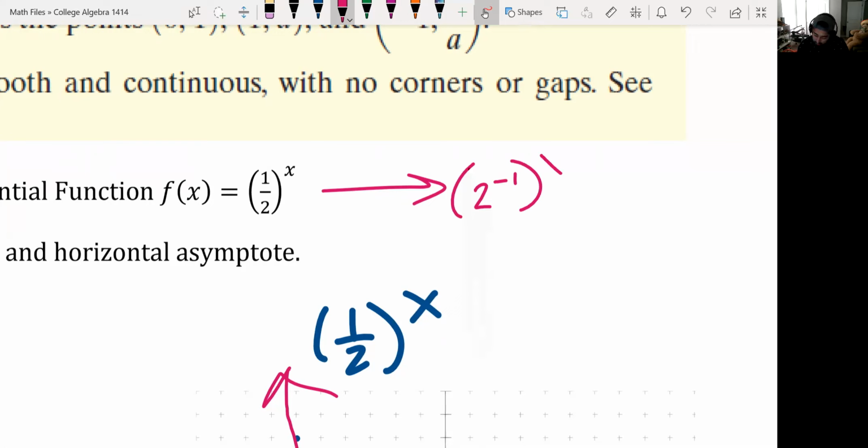And now you have 2 to the -1 raised to the x, which means this would give you 2 to the -x. And if you think about transformations now, the negative in front of the x is a reflection across the y-axis.